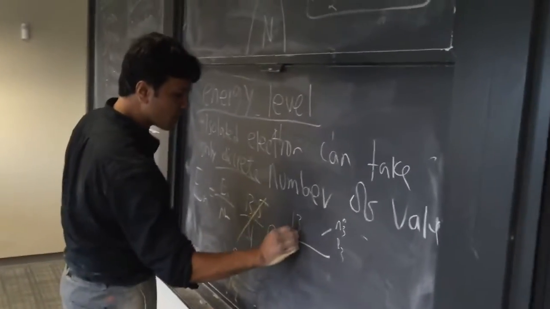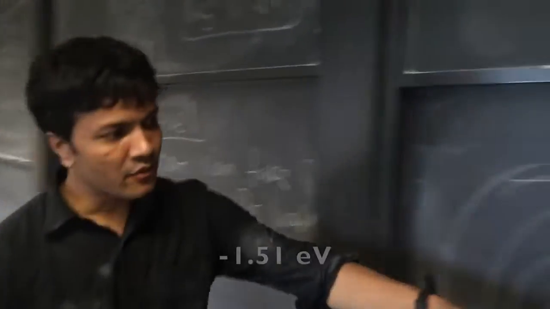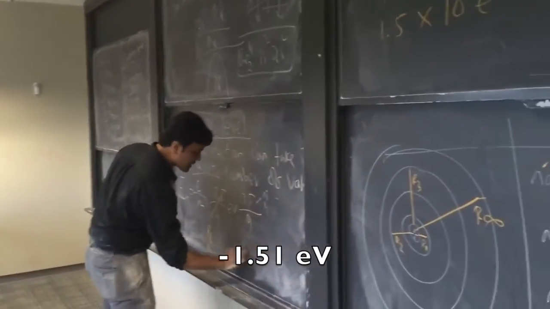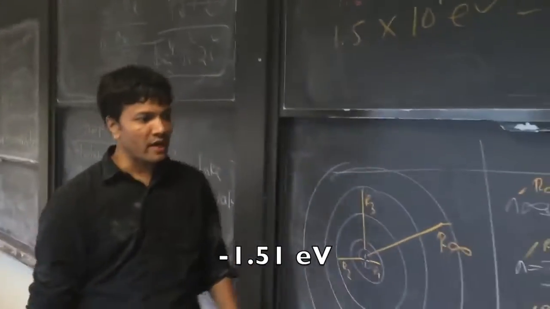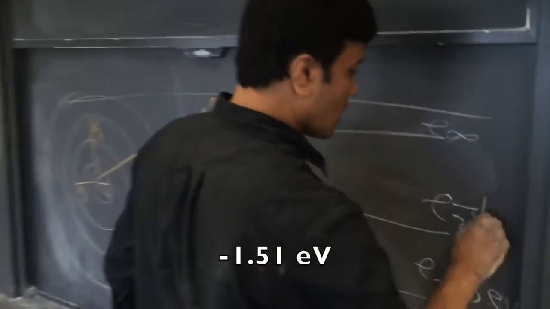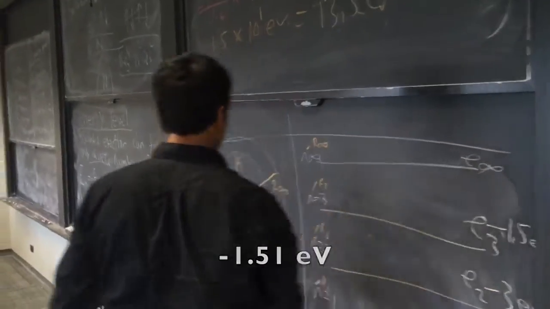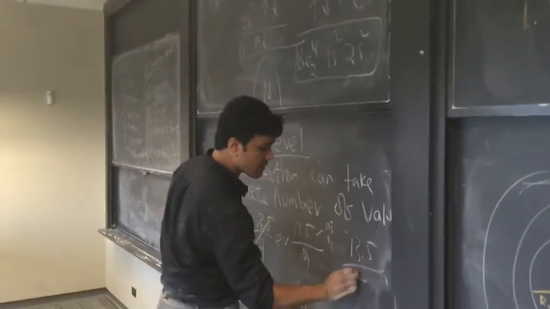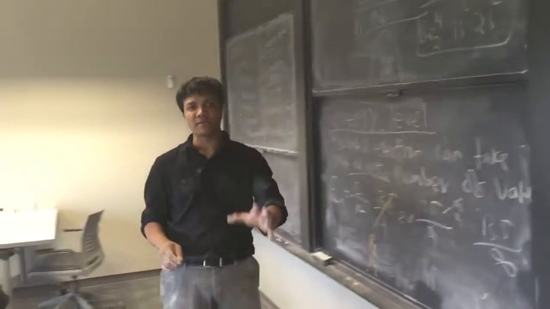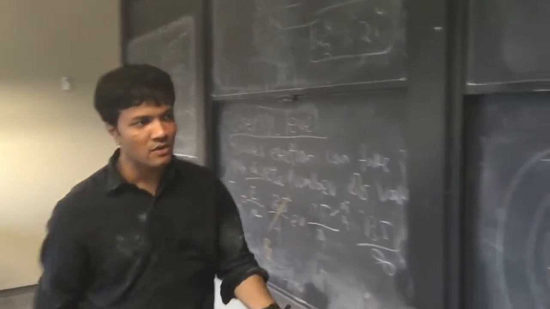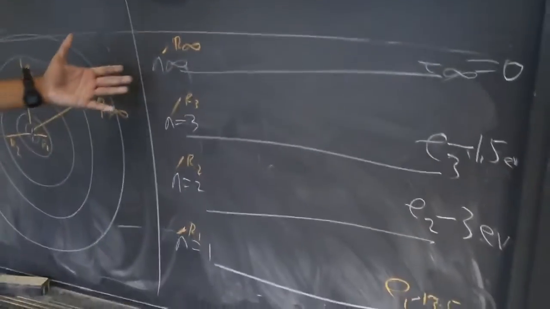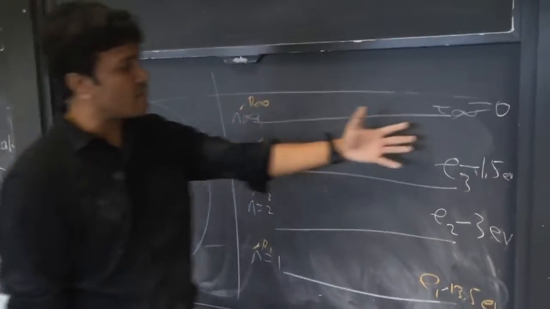I have 13.5 divided by 3 squared, which is 9, giving about negative 1.5 electron volt. What about at infinity? Any number divided by infinity is 0 by definition. So at energy level infinity, I have energy 0.